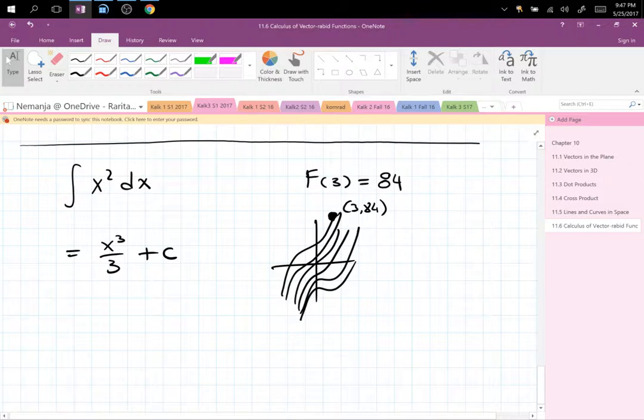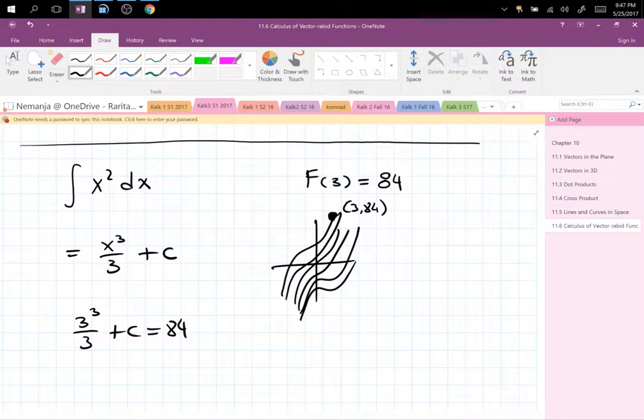So I can say that 3 cubed over 3 plus c is equal to 84, because I am taking the antiderivative and using the point where x is 3 and y, which is the value of the function, is 84.